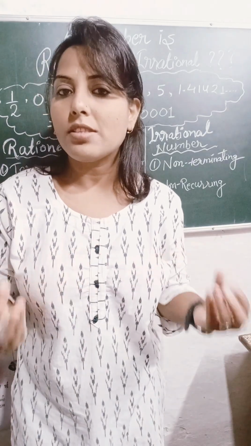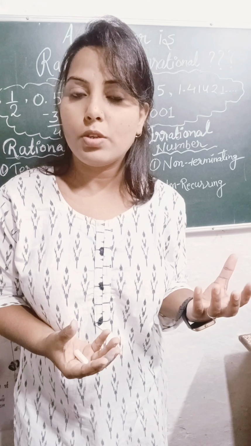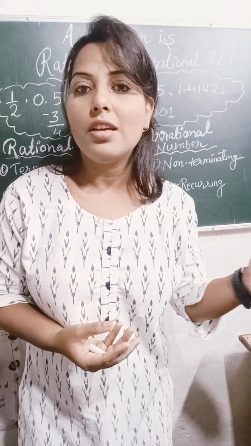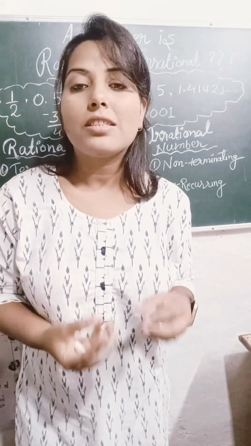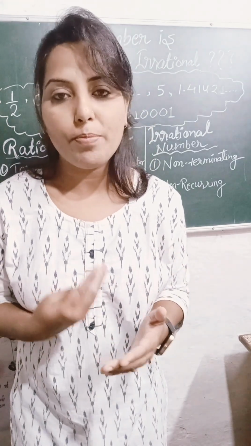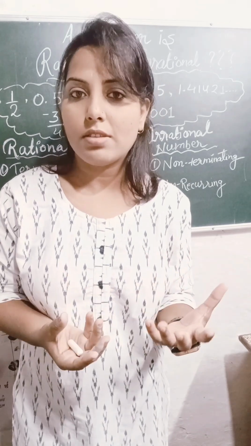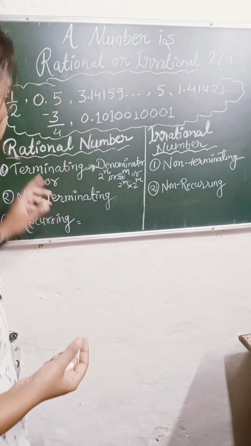That is the basic definition. But when it comes to recognizing whether a number is rational or irrational, you face problems. There are some important things to know about why a number is irrational.